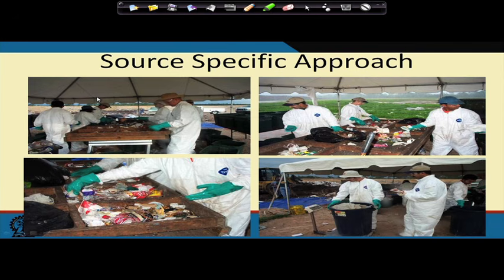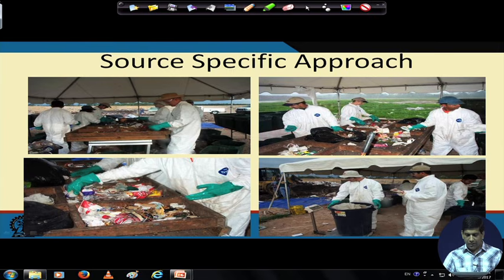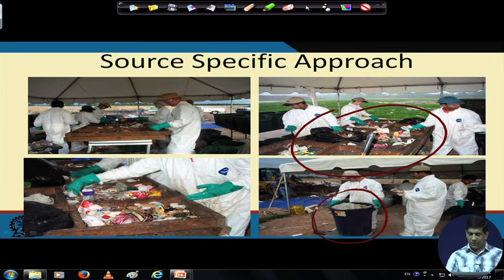Now the source specific approach, as you can see on this picture here, where myself and some of my students and other people are trying to do a waste audit. We call this a waste audit, where we are taking the garbage apart, as you can see over here, and then collecting it into different bins, weighing those bins, and recording the weight.